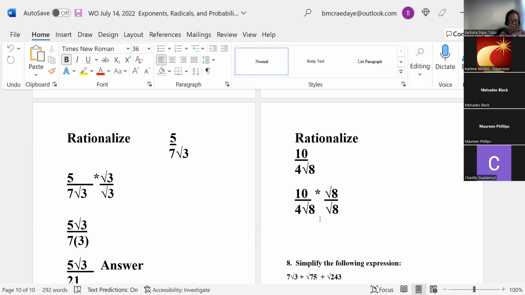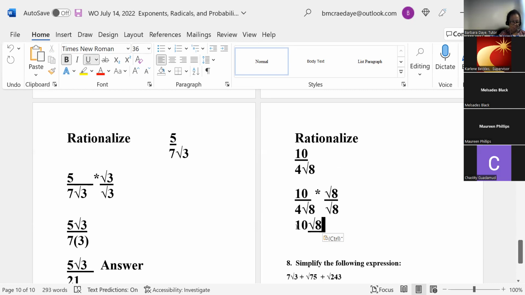Now, Maureen, what do I get in the numerator? 10 times square root of 8 is what? 10 square root of 8. That's right. And what do I have in the denominator? 4 square root of 8.